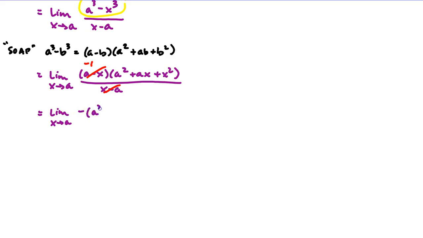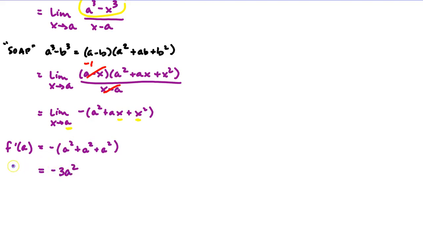So here's what we have now. And finally, what I want to do to evaluate the limit is substitute a in for x. So we have f prime of a is equal to the opposite of a squared plus a times a is another a squared plus a squared again, -3a squared.